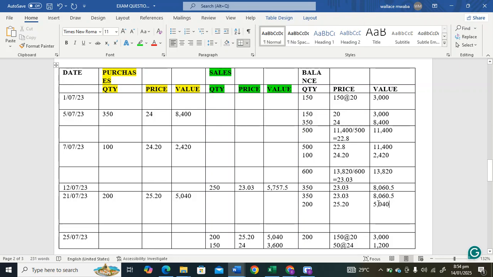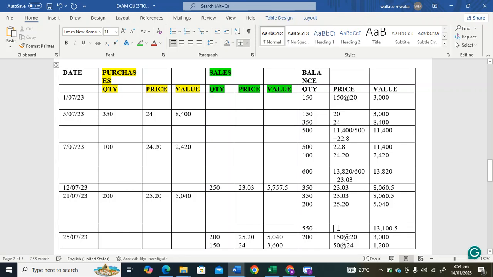All right, colleagues, what is the total value of the goods? 8,060.5 plus 5,040, 13,100.5. And the total goods, 350 plus 200, we get 550.